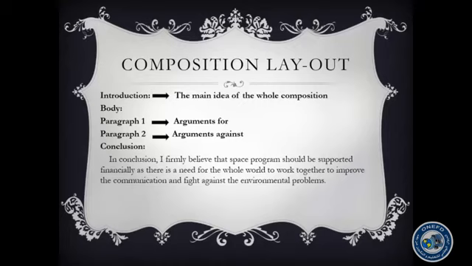In the first block you only write the arguments that are for the statement, like you have here. In the second part, or the second paragraph, you only speak about arguments that are against. And in the conclusion, you add your own personal view. Okay, so let's see further.